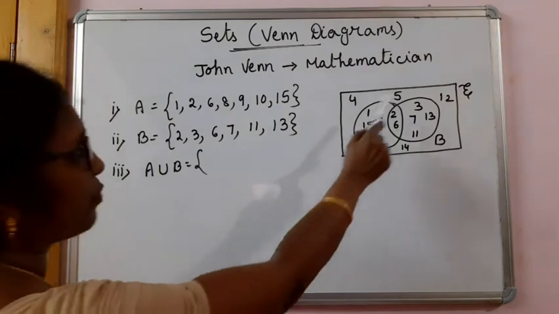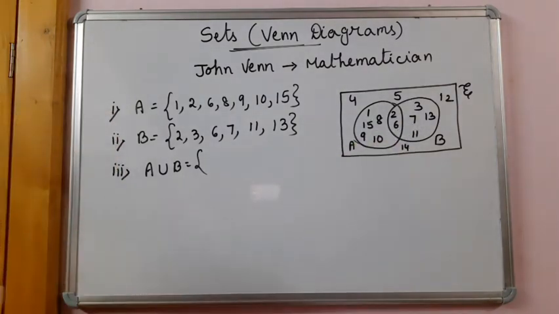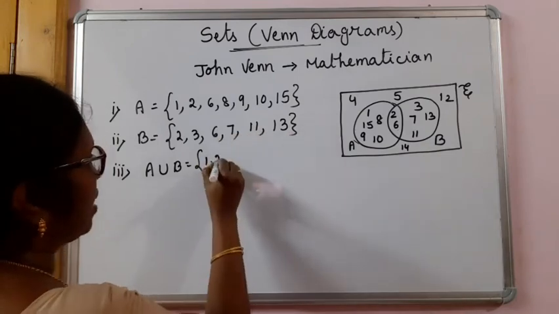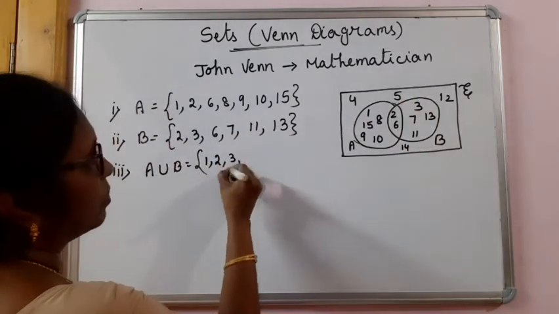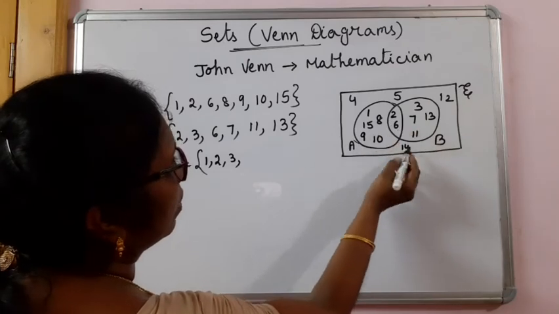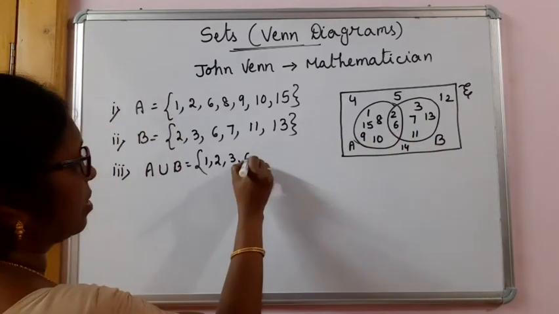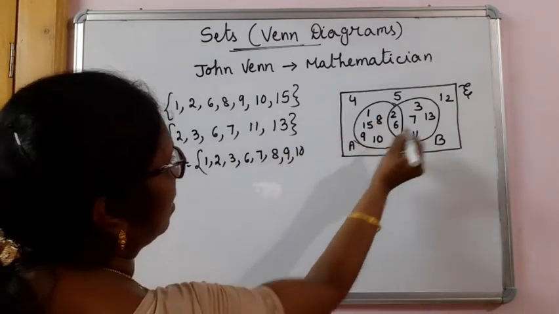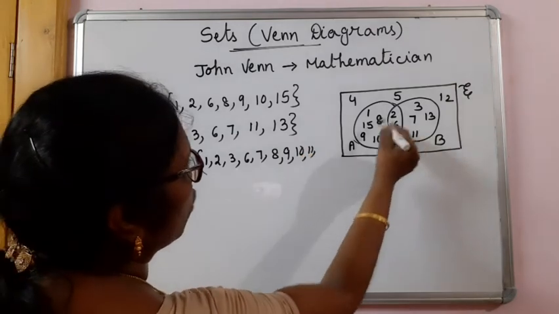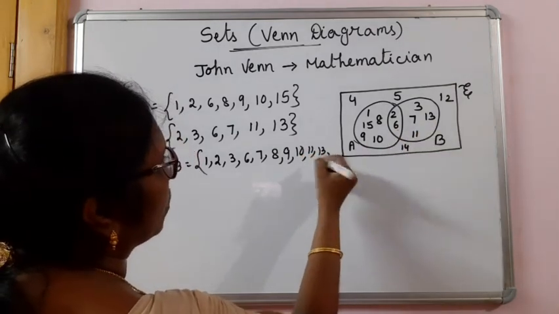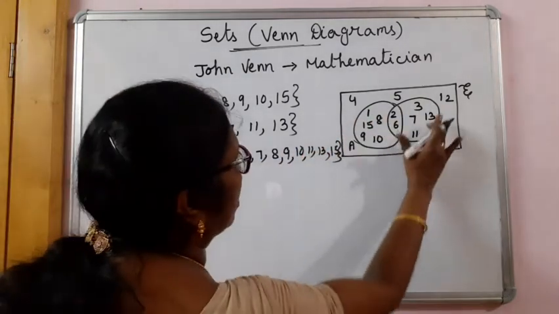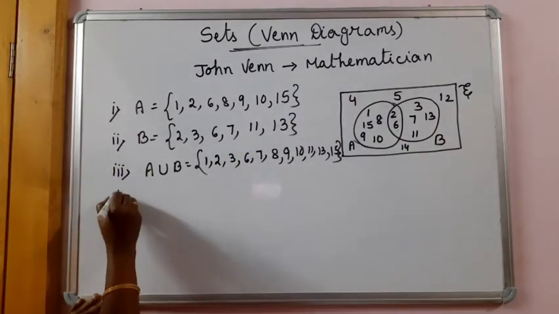So every element of A and B will be in A union B. So we can have, in order, 1, 2, 3, then 4, 5 are not there, 6, 7, 8, 9, 10, 11, 12 is not there, 13, 14 is not there, 15. So A union B is all these: what is there in A or in B or in both.